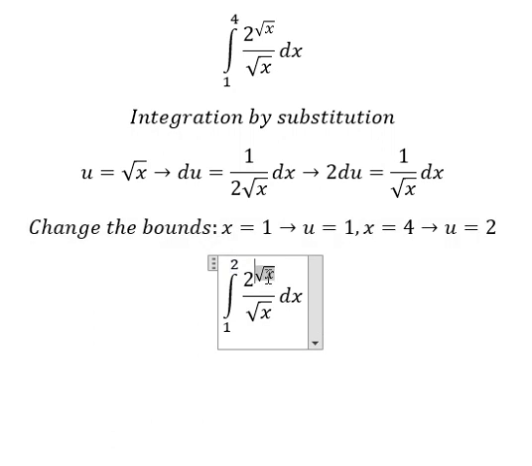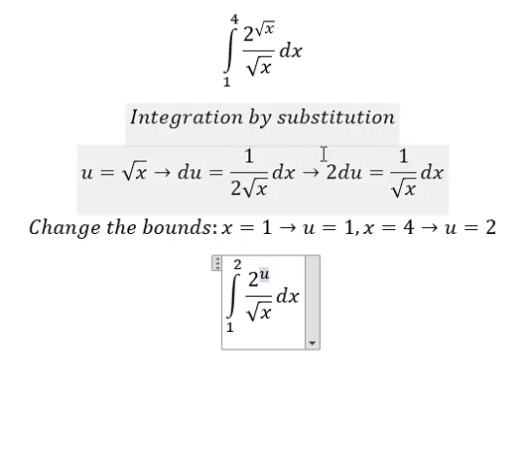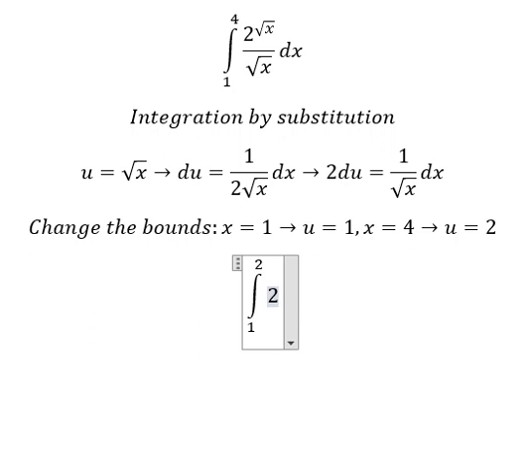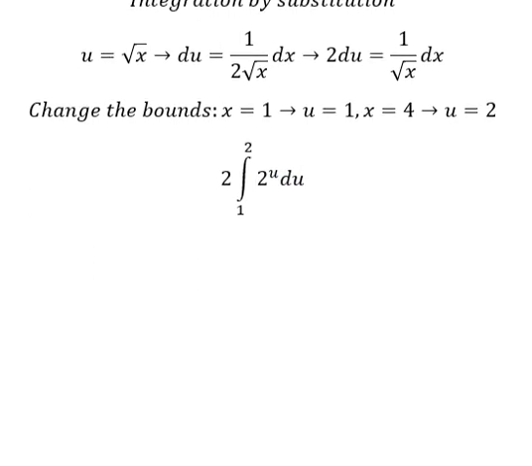The square root of s is u. ds over the square root of s is this one. Now, we have the formula in here.